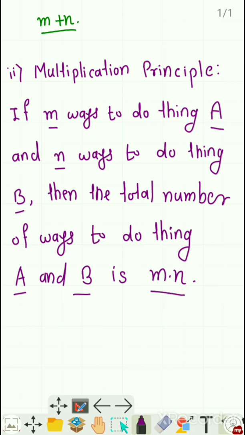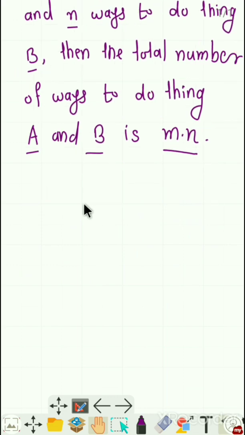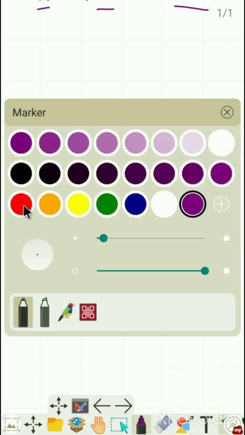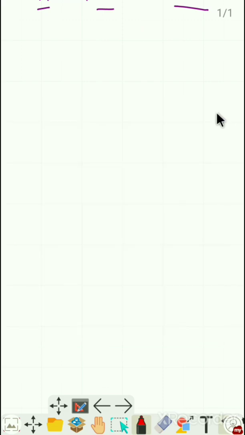So these two are the addition and multiplication principles. After that we see a new concept, called factorial notation, which we use while solving problems.